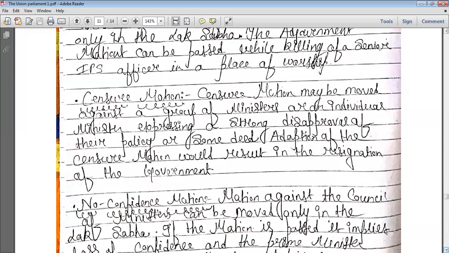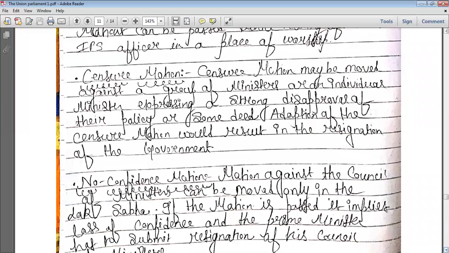Next, we would like to discuss censure motion. Every motion is important for the exam, and every motion usually comes in the short question as well as the long question. A censure motion may be moved against a group of ministers or an individual minister expressing a strong disapproval of their policy or some deed.